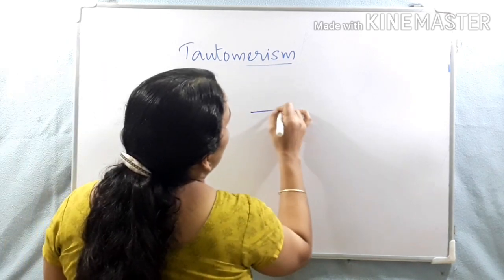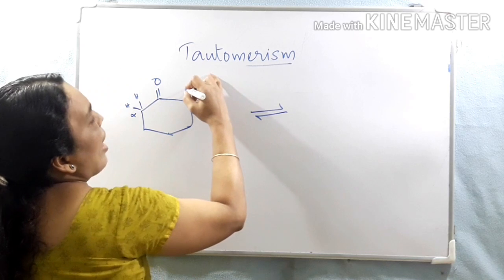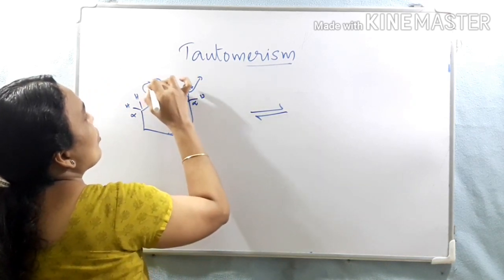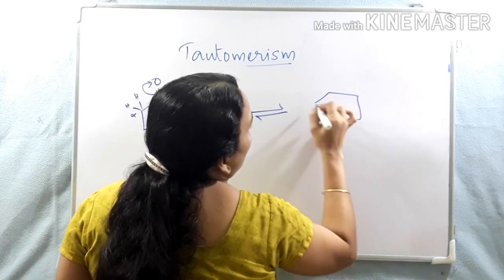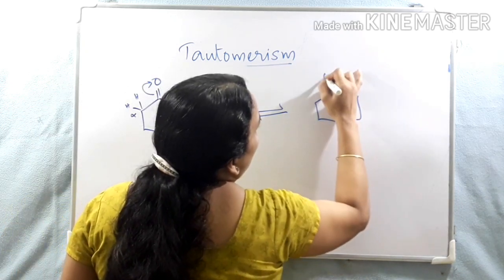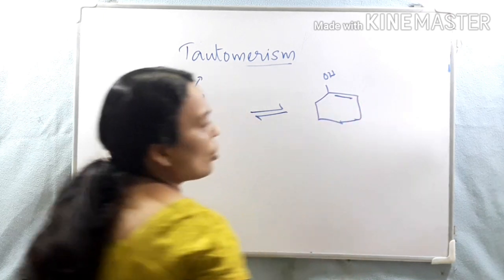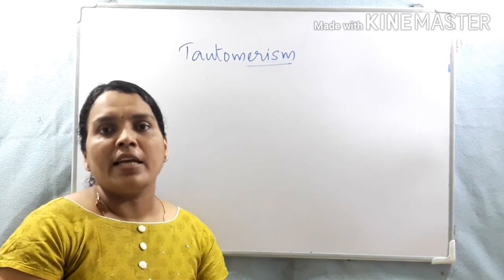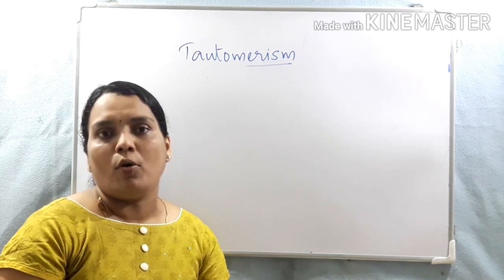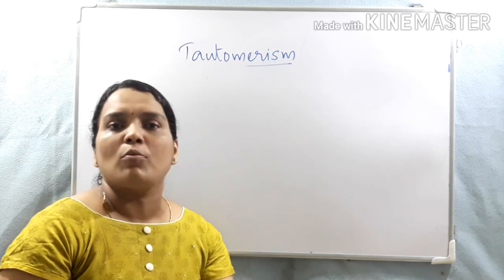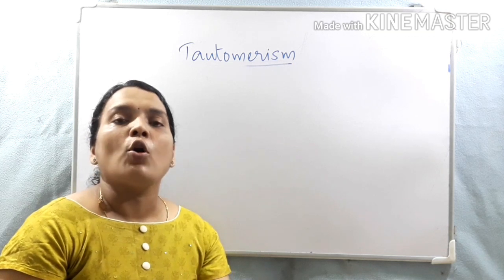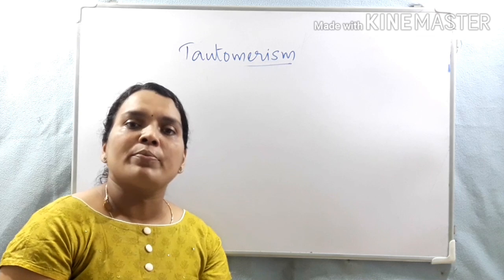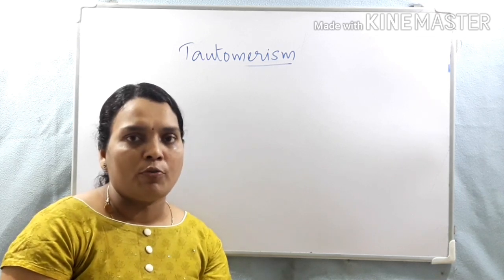So what will be the enol product? One of these alpha hydrogens will migrate from here and electron shifted to here, electron shifted to here. So we have, this is its enol form. In general we can say in monocarbonyl compounds, meaning only one carbonyl group is present, keto form is more stable than enol form.